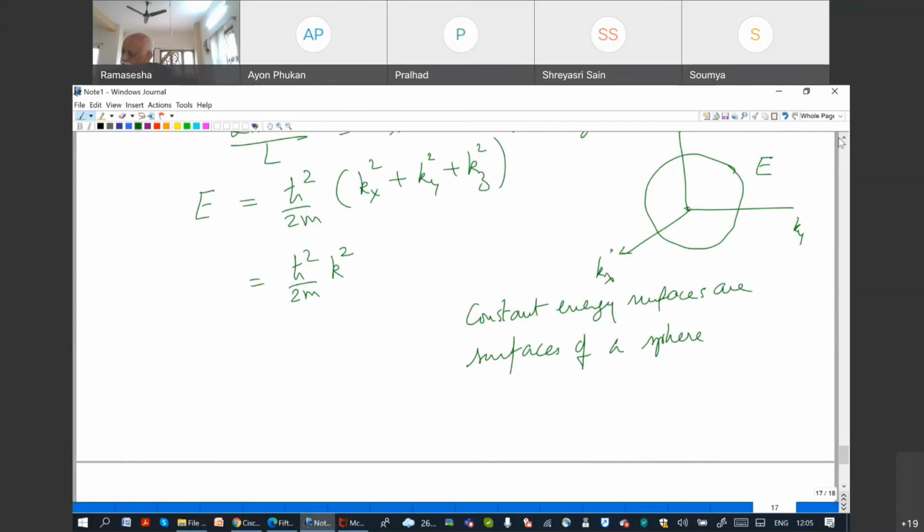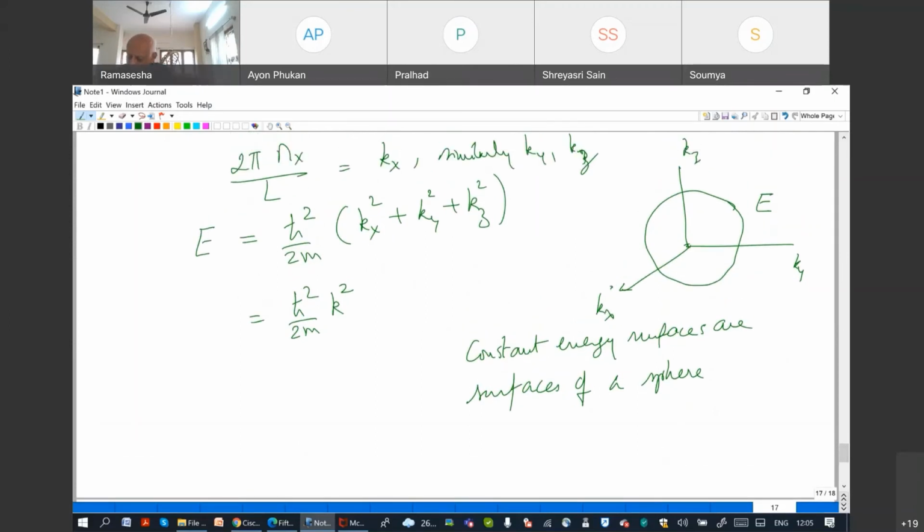Do you understand? What is this? This is nothing but the equation of a sphere, right?